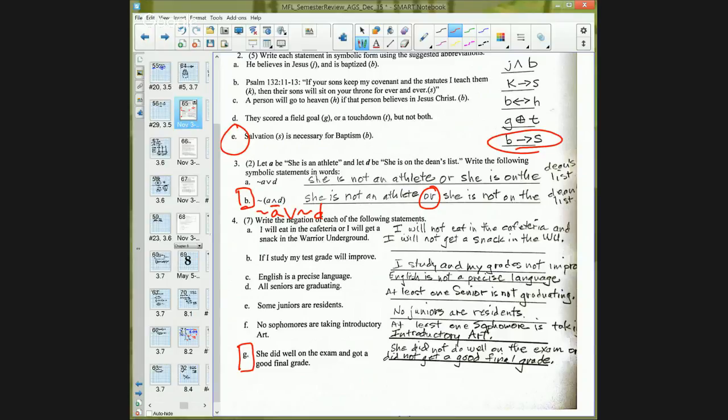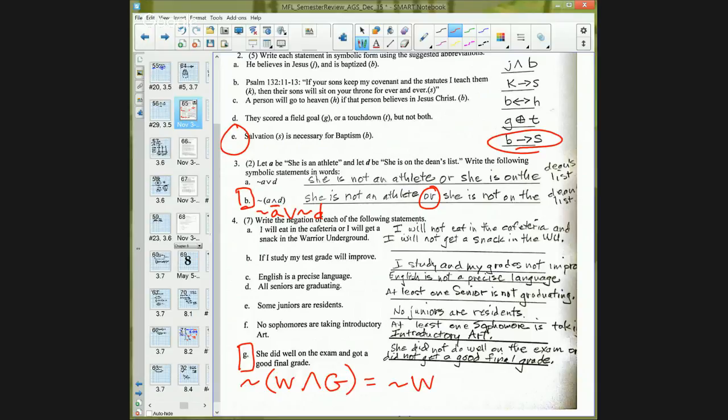The same thing happened on 4G, Michelle, where it says, let me just code that. She did well on the exam. Let's do W for that. She did well on the exam and got a good final grade. So I'm going to call that W and G. Now, you're supposed to negate that. Using parentheses, negation, and De Morgan, how does that come out?